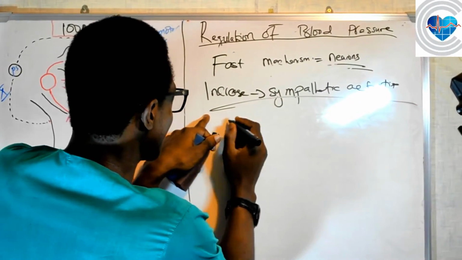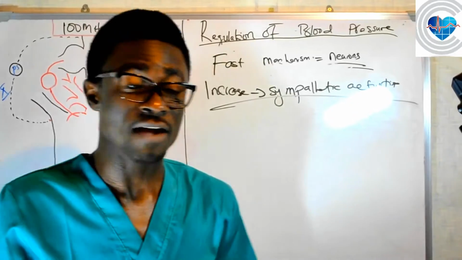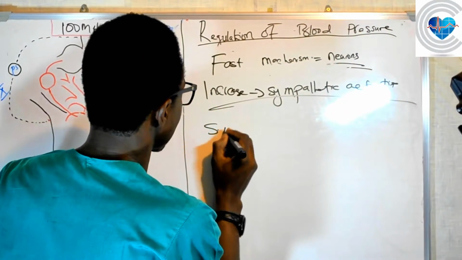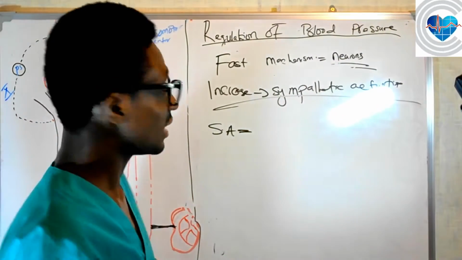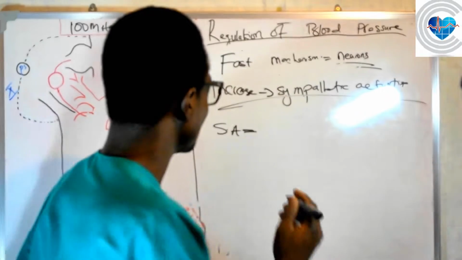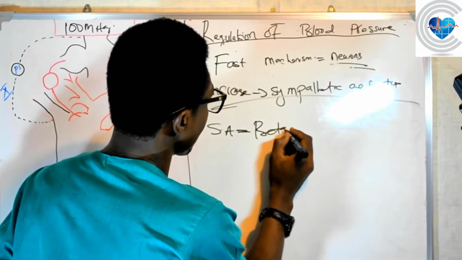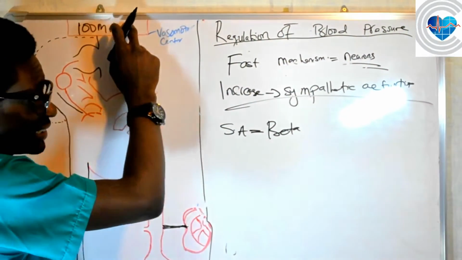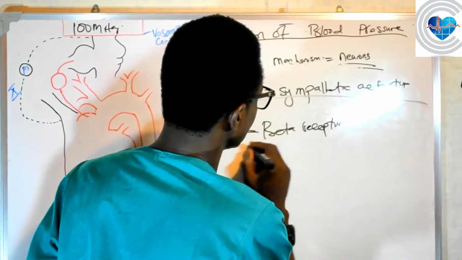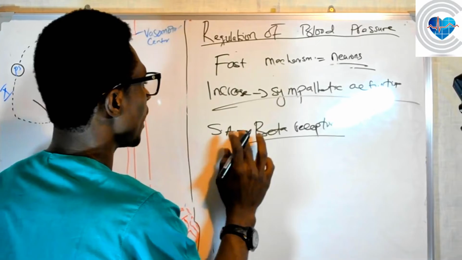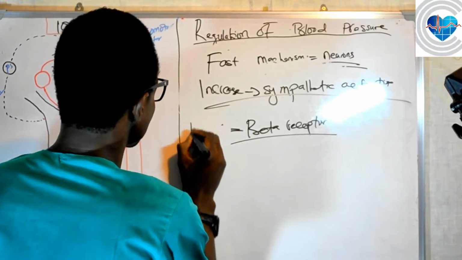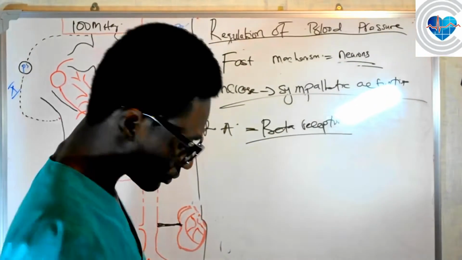Since these fibers have an effect on the SA node and on the AV node, they send the impulse from the vasomotor center to the beta receptors. Beta receptors, that's in the right atrium. Very good.